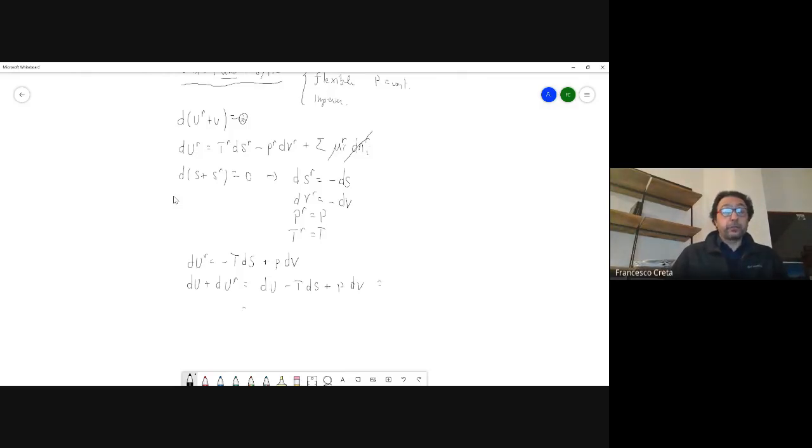Which is essentially the differential of U minus T and P are constant. Remember this, plus PV. And if you remember what this is, it's the Gibbs energy.